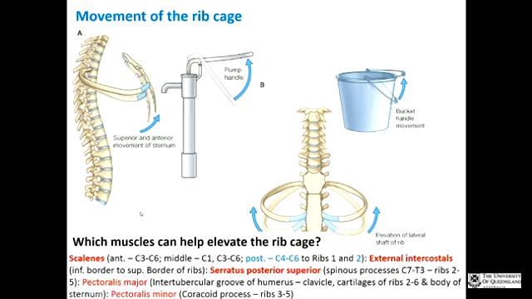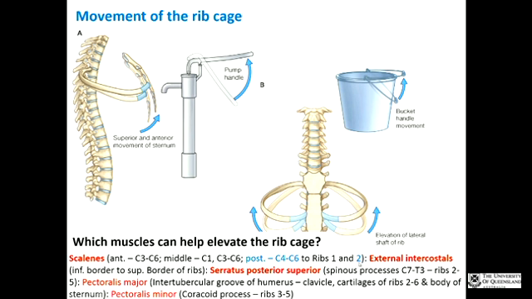On the anterior side of the body, we have the scalenes. They're actually broken into anterior, middle, and posterior, but I'm happy if you just know them as the scalenes. And basically, they're originating from C1 in the case of the middle version, but C3 through C6 for the ones that run to rib 1, and the posterior scalenes, C4 to C6, that run to rib 2.